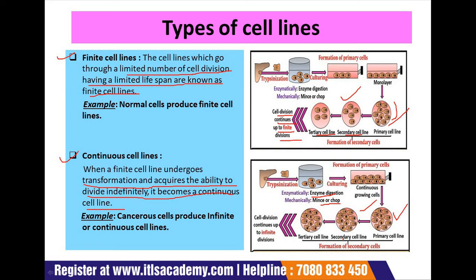They also have a tendency to grow on top of each other in multilayers on the culture vessel surface. You can see here. Examples of continuous cell lines: cancer cells produce infinite or continuous cell lines.